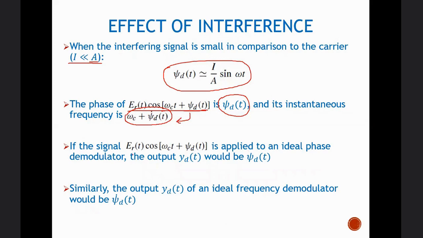If this received signal is applied to an ideal phase demodulator, what is the output we get? We will get the phase of the signal. So this would be the output, which is again an undesired output. Similarly, if this signal is passed through an ideal frequency demodulator, then we would get the derivative of this term at the output of the frequency demodulator.